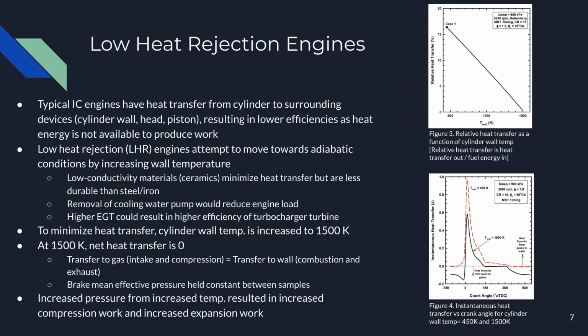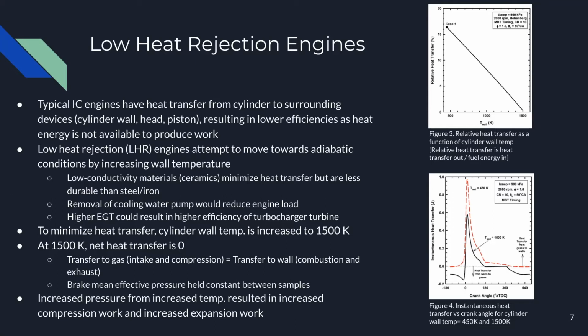So even though the net transfer is zero, figure 4 shows that there is an instantaneous transfer, being that on the intake and compression, there's energy transferred from the cylinder wall to the gases inside the cylinder, and then vice versa on the combustion and exhaust.